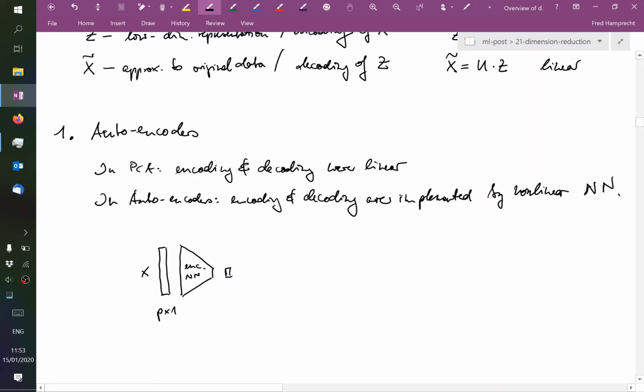This produces a more compact representation, which has dimensions only r times 1. This is also sometimes called the latent variable. And then we have a decoding neural network, which produces a vector X tilde, which again has dimensions p by 1 and is an approximation to my original vector.